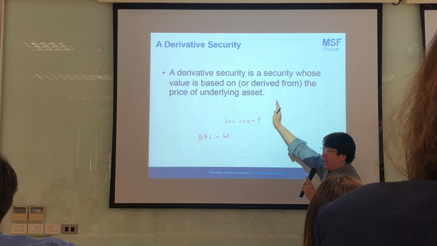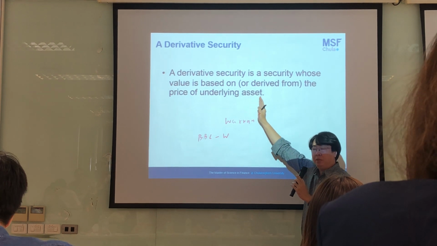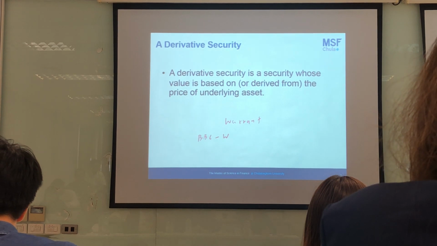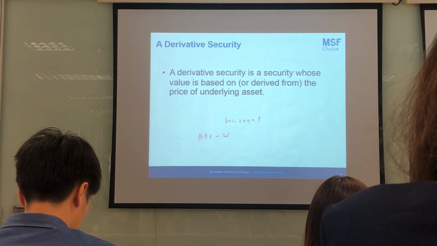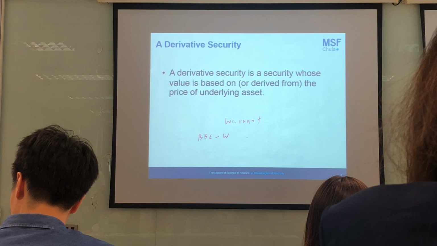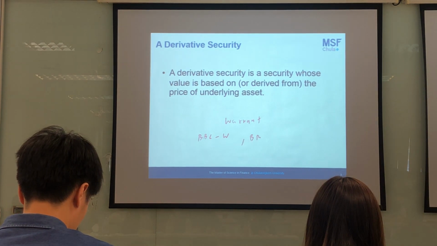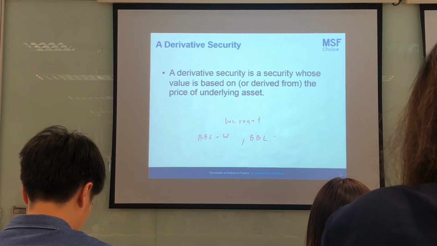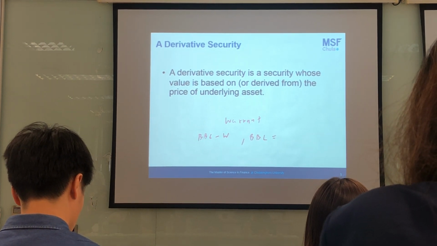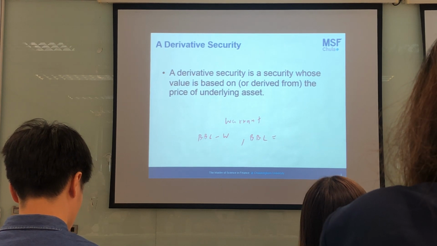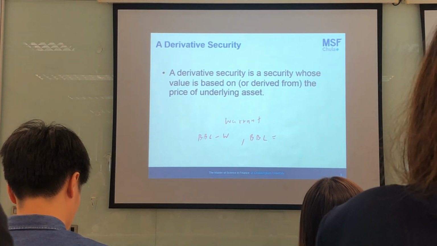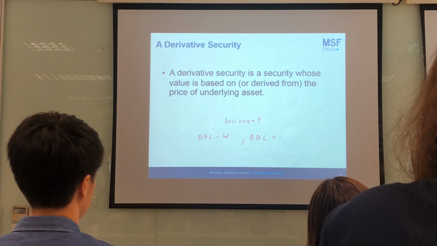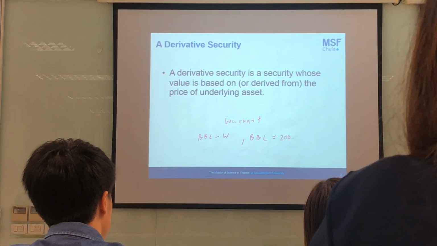It depends on the underlying asset, the Bangkok Bank stock price. Suppose that based on the BBL warrant, you have the right to buy Bangkok Bank stock at, I don't know what the Bangkok Bank stock price is now, 200 something. Suppose you can buy BBL at 200 baht per share.